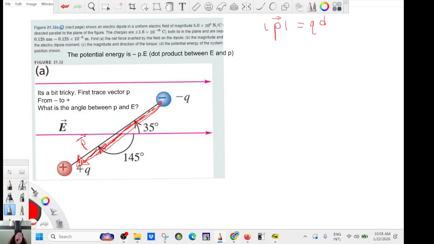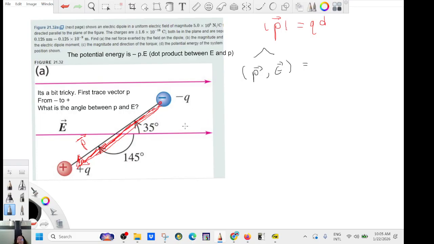And why is it going to be tricky? What's going to be the angle between E and P? That's the issue. What's going to be the angle between the vector P and the vector E? 35 or 145?